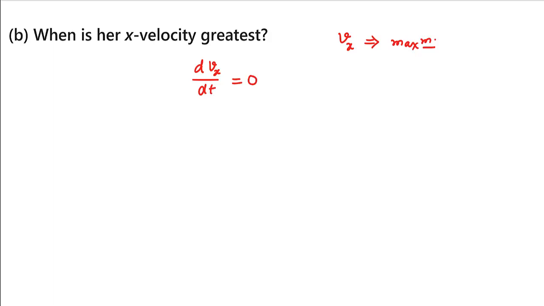So this is the condition for maximum. And you have to also show that d2Vx divided by dt square is negative. So this is the condition for maximum.